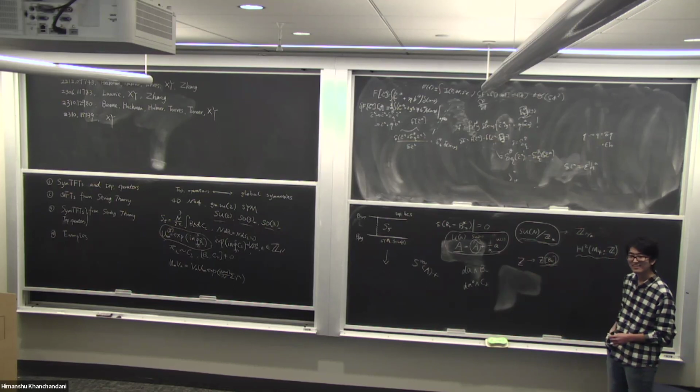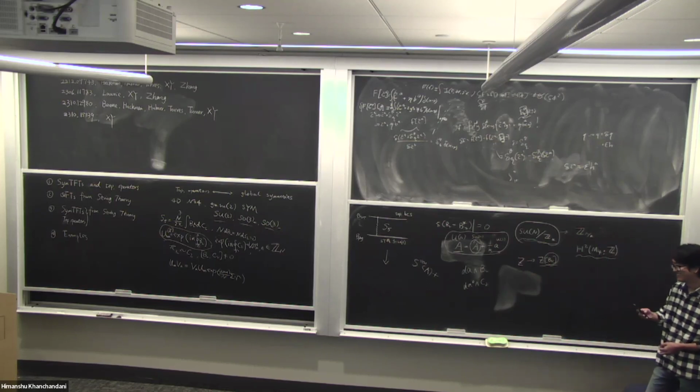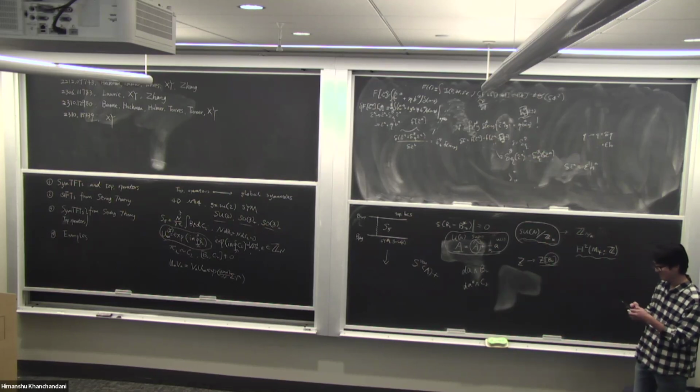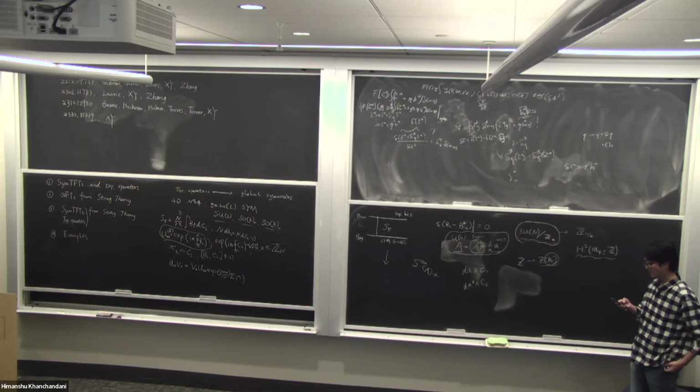Why was this useful? What did they gain from this? In this case it's useful in the sense that this discrete theta angle can be described in this language directly from the TFT.